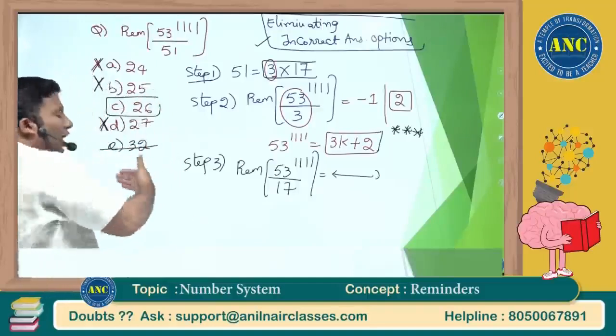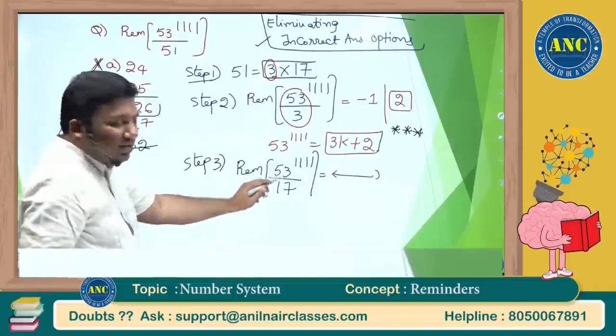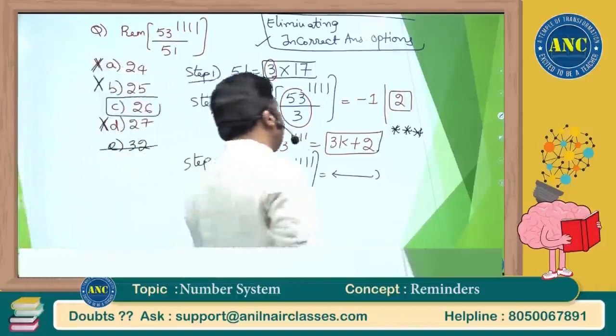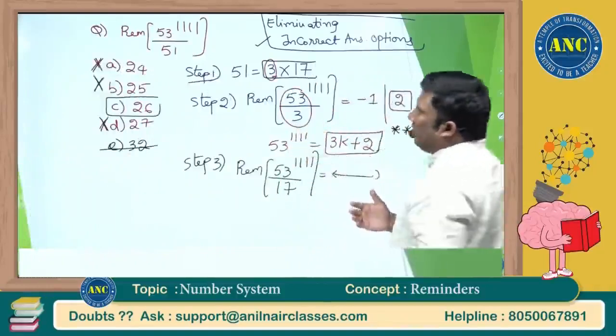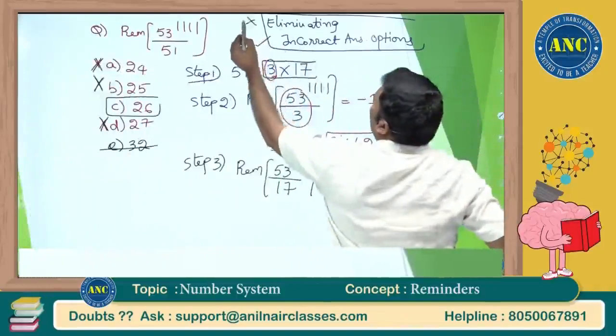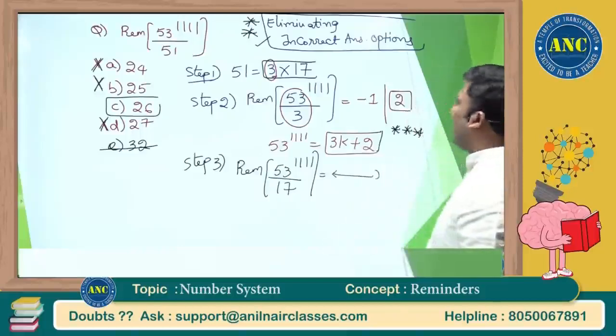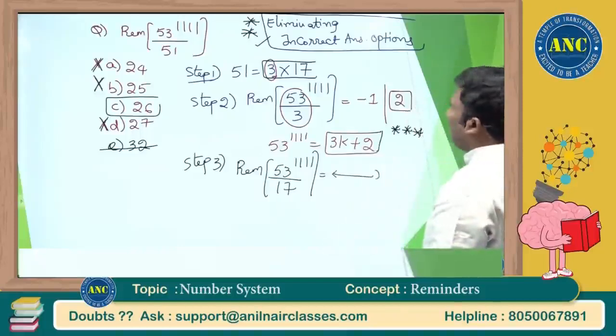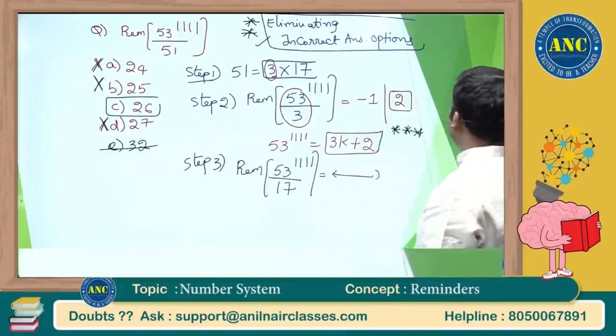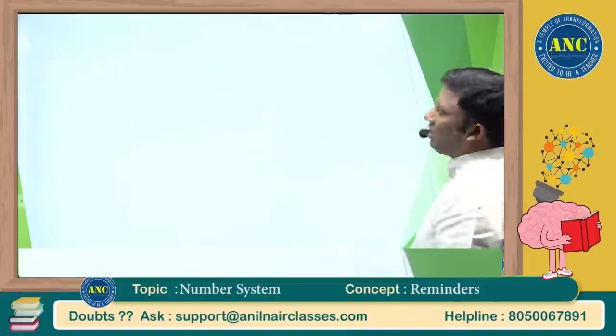If there is one more option, then I will divide by 17, in the traditional method. My entire scope is to tell you how to eliminate incorrect answer options. I hope this concept is clear.